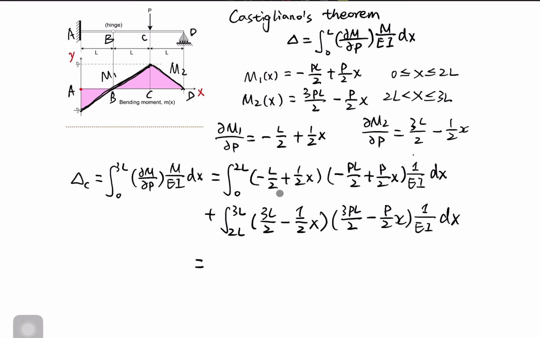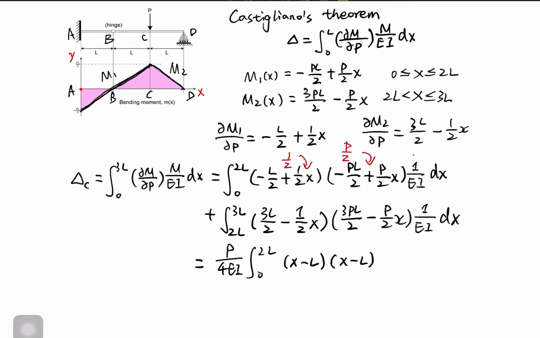Look at here, if we take out 1 over 2 on the first bracket and P over 2 on the second bracket, then in total we will have P over 4EI, integral from 0 to 2L, of x minus L and x minus L, times dx. So x minus L times x minus L, we can write as x minus L squared.